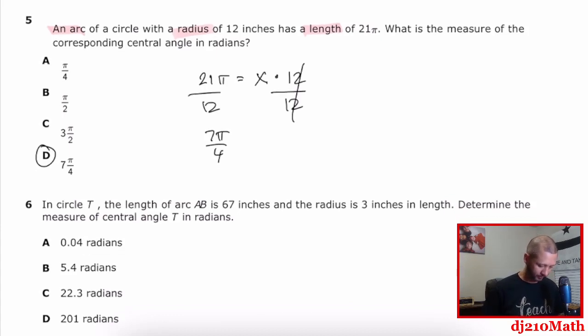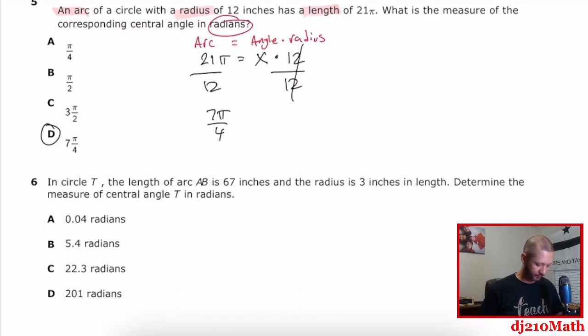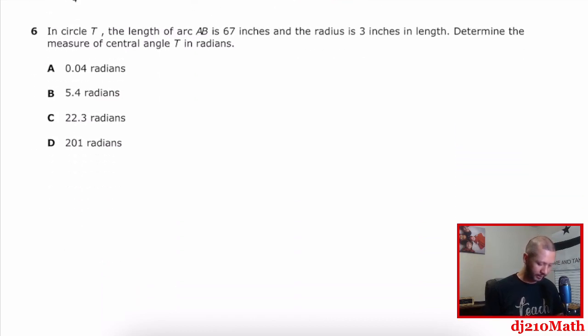Right, and just in case you missed it, this was the arc length. This was the angle. This was the radius. Right? And they're being multiplied. Angle's always in radians. That's why it says radians. Okay. Number 6. The length of arc, so the arc length AB is 67 inches.